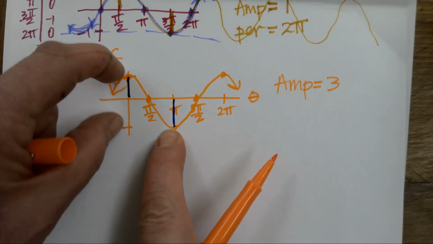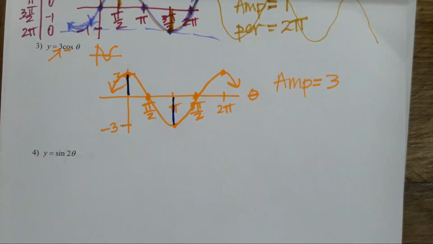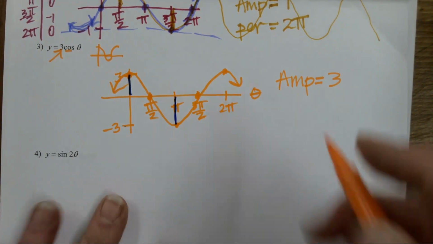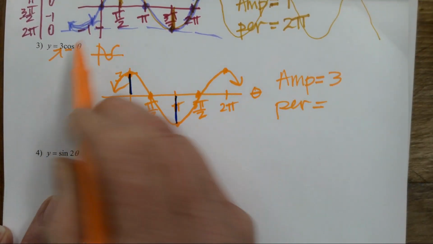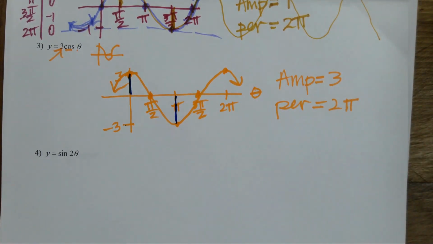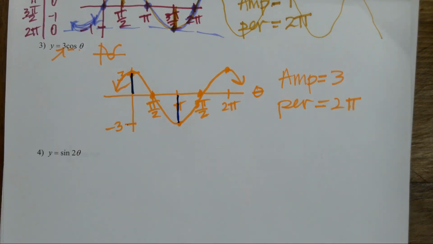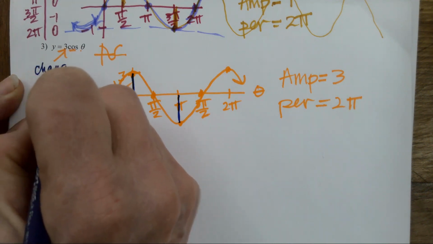I'm doing from the center of the graph, and the center of the graph right now is on the theta axis. And my period, because I did not mess with theta at all, is simply still 2 pi. So the number in front changes the amplitude.